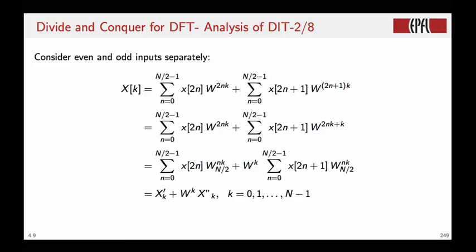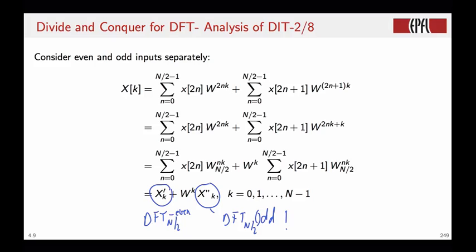Okay, so we write this more compactly as two transforms, X'_k and W^k times X''_k. And these are the results of these DFTs of size N/2 over the even guys and the DFT of size N/2 of the odd guys. Okay?